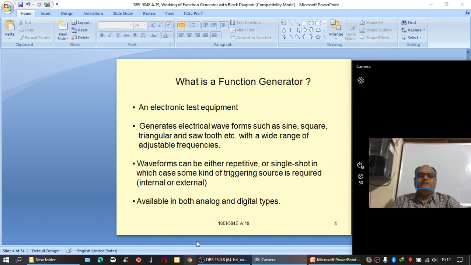Waveforms can be either repetitive or single shot. Single shot means only one cycle is generated when an external trigger is applied to the circuit.